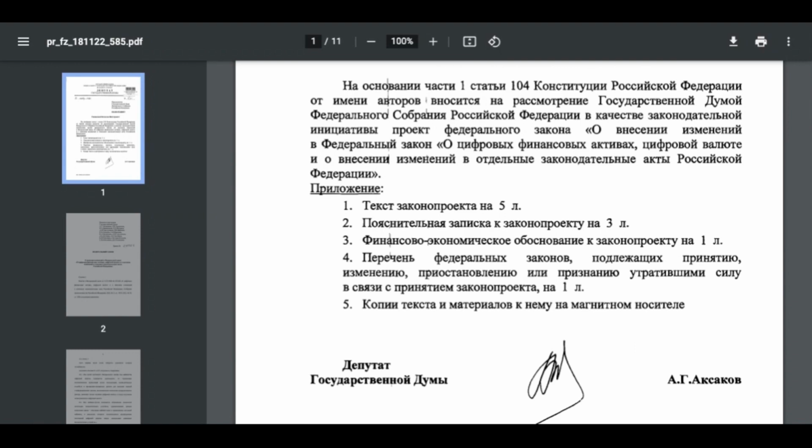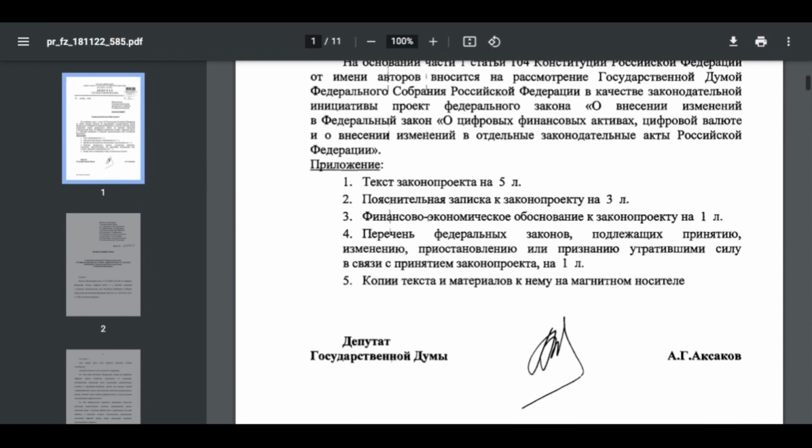as a legislative initiative, the draft federal law on amendments to the federal law on digital financial assets, digital currency, and about making amendments to certain legislative acts of the Russian Federation. Application: 1. The text of the bill, 5 pages. 2.